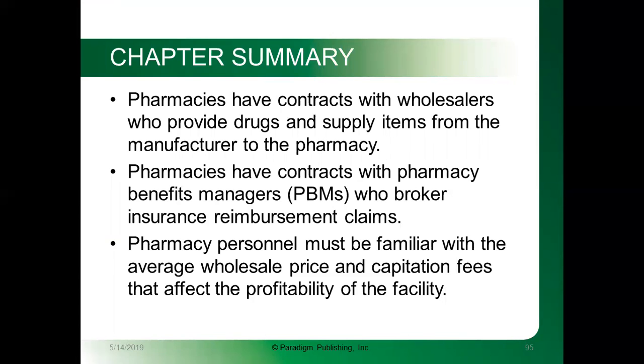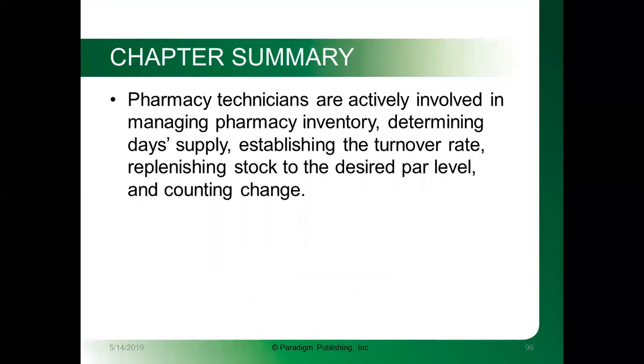Pharmacies have contracts with wholesalers who provide drug supply items from the manufacturer to the pharmacy. Pharmacies have contracts with pharmacy benefit managers who broker insurance reimbursement claims. Pharmacy personnel must be familiar with the average wholesale price and capitation fees that affect the profitability of the facility.